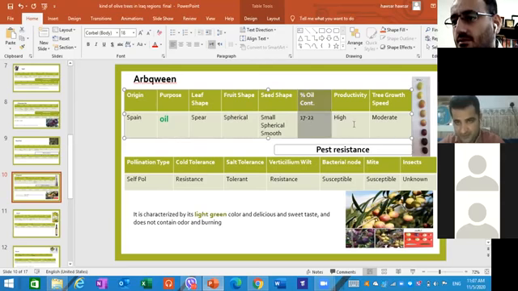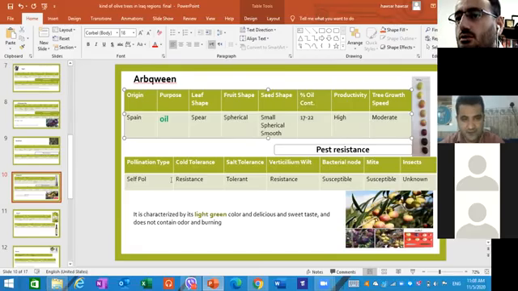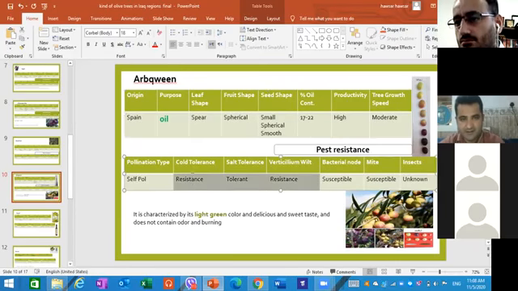Productivity is high, and tree growth speed is moderate, and self-pollination. It is resistant and tolerant against cold, salt, and wilt, and it is susceptible against mite and bacterial knot.